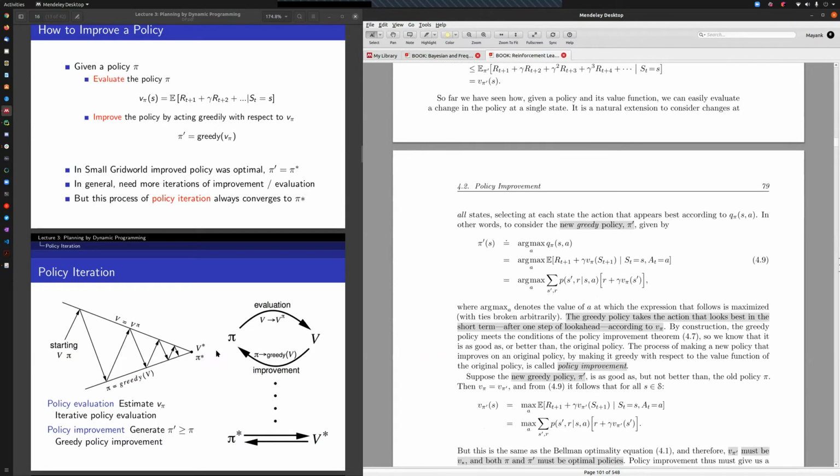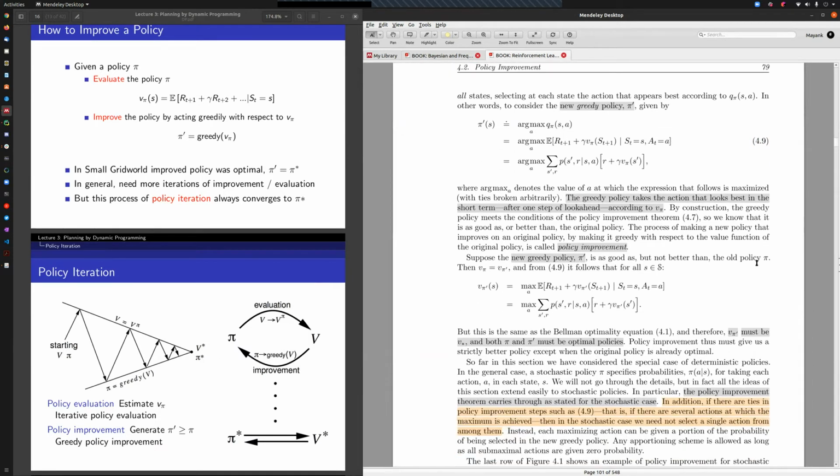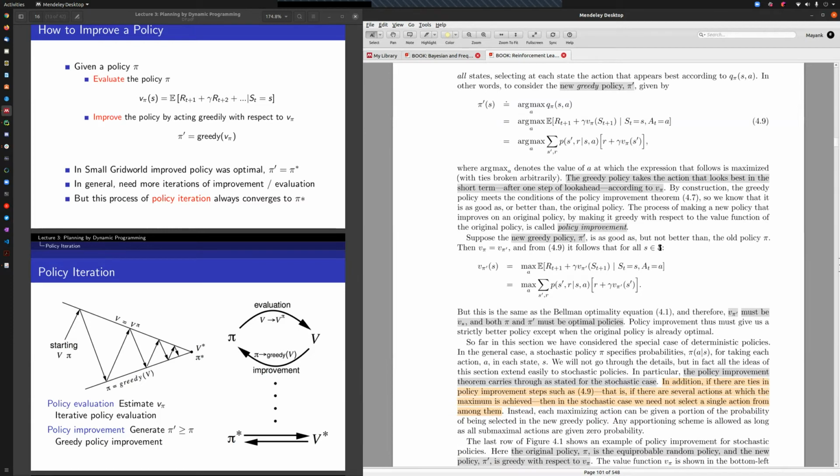This is the new greedy selection step, as we have defined in equation 4.9. These are the conditions on which it is defined.